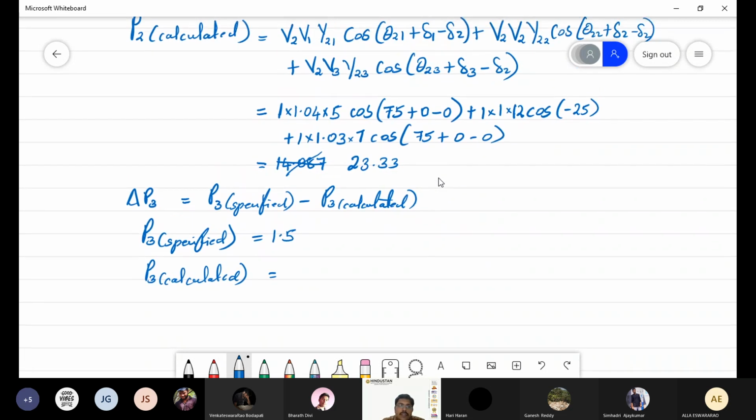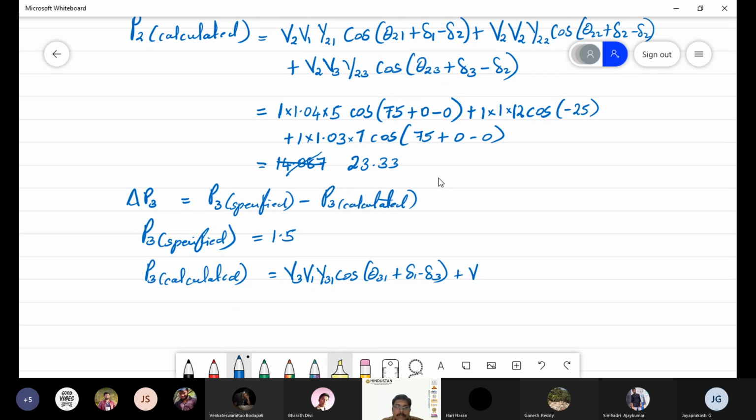Therefore, we have to start from V3, V1, Y31 cos of theta 31 plus del 1 minus del 3 plus, what about the next step? I think I have written something wrong here.